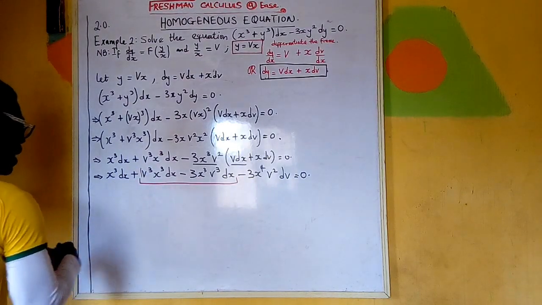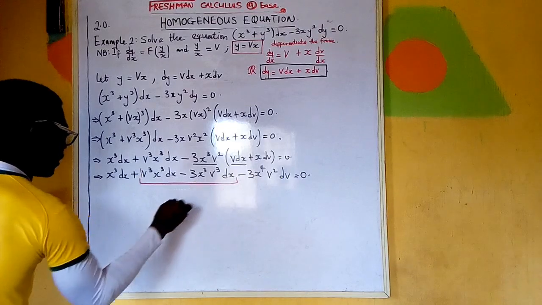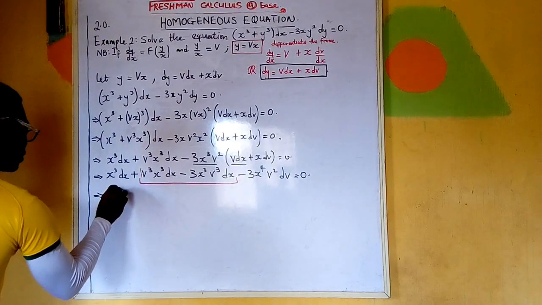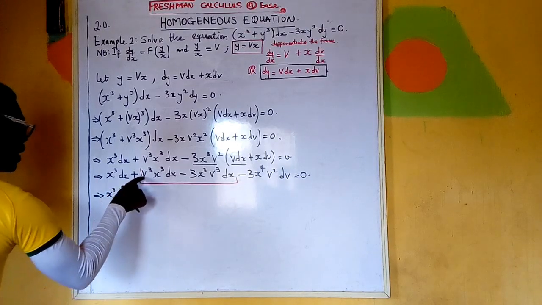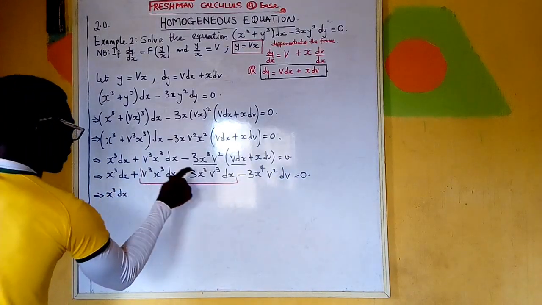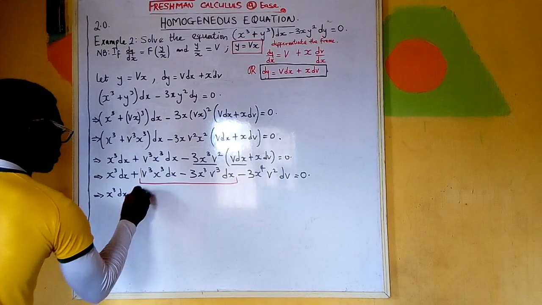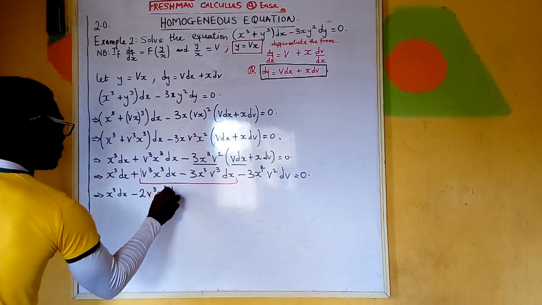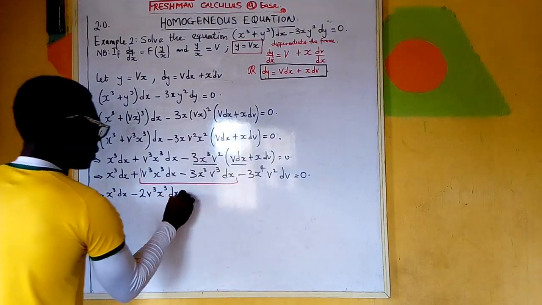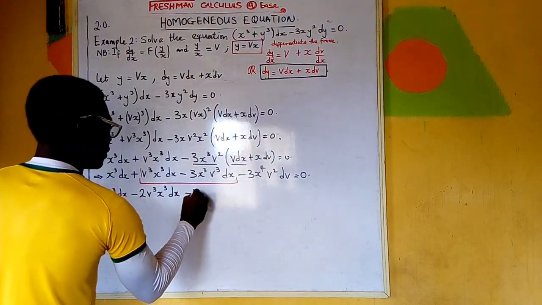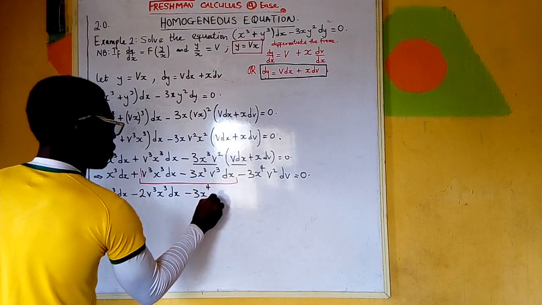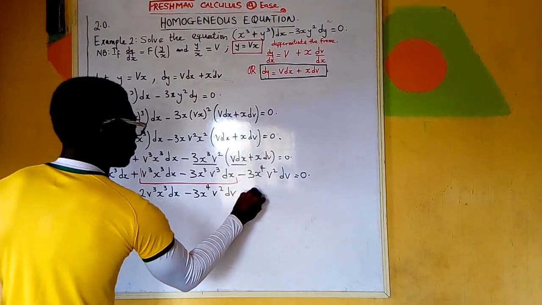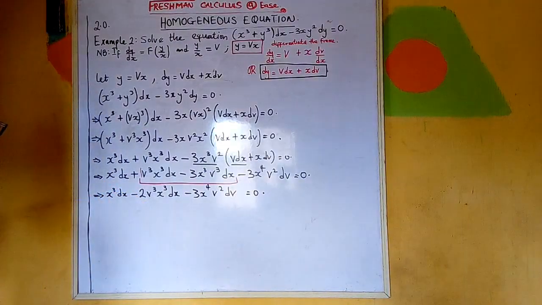So take one of these from this, and I'll have this expressed in this form: x cubed dx, then plus 1 minus 3, and that gives me minus 2 v cubed x cubed dx, minus 3x raised to the power 4 v squared dv is equal to 0.